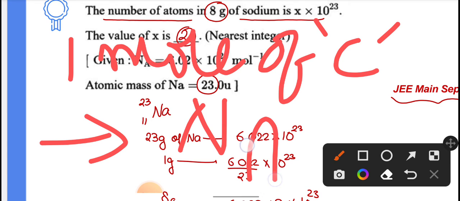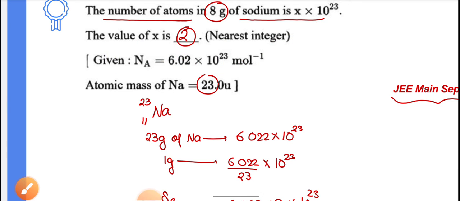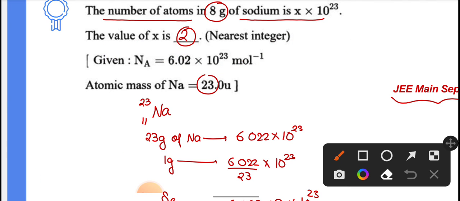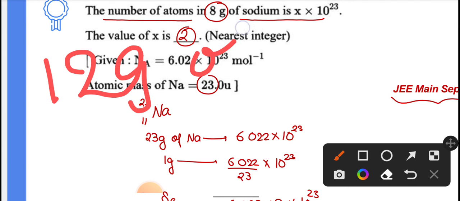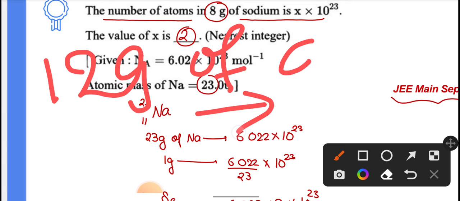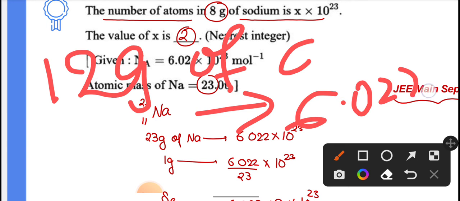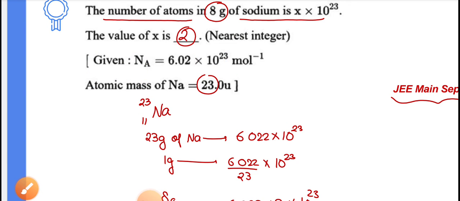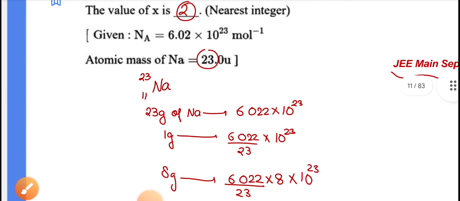In the same way, 12 grams of carbon has 6.022 into 10 to the power 23 atoms. Here 1 mole refers to 23 grams of sodium, and 23 grams of sodium contains Avogadro number of atoms.